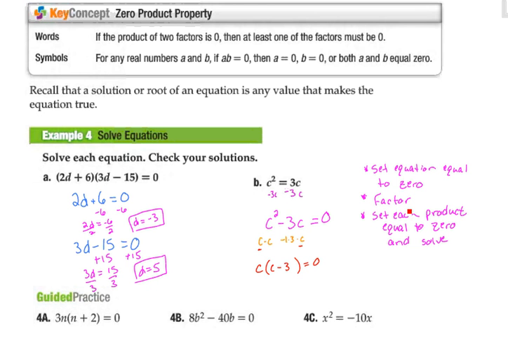So I factored. Now it says I'm supposed to set each one of these products equal to 0. So I'm supposed to set just the C equal to 0. And that one's already solved. And that does make sense, because if I plugged a 0 in way up here, I would realize that that would equal 0, and we're all good to go. Okay, what else? I have a C -3 that I have to set equal to 0.